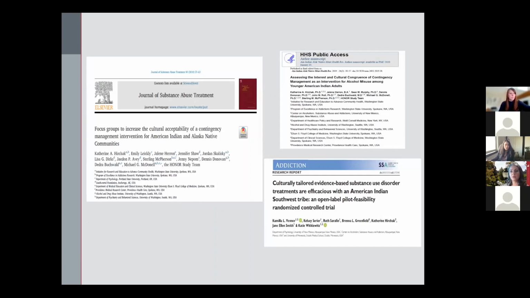So we have a couple of papers out around culturally adapting the contingency management intervention with Dr. Mike McDonnell and his team. One of the projects was a multi-site study of contingency management for alcohol use, and another was a single site study of contingency management for alcohol and drugs.